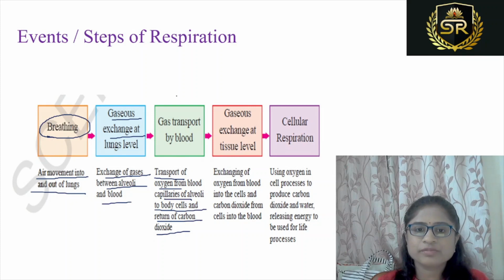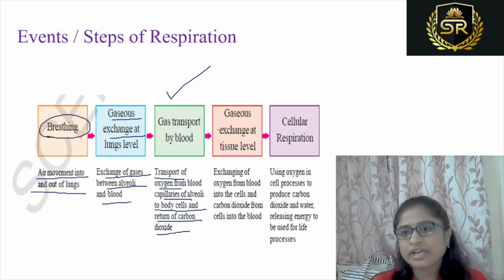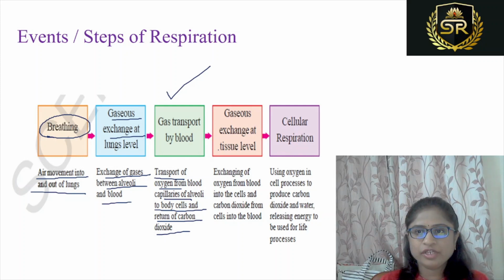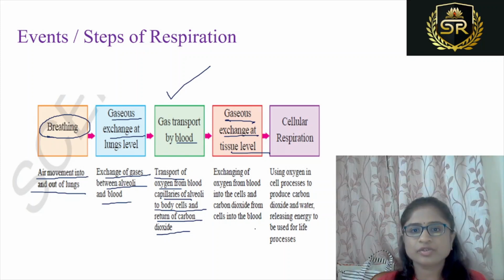Carbon dioxide from the body comes out into the alveoli again and has to come out of the lungs. Then there is gaseous exchange at the tissue level, exchanging oxygen from blood into the cells and carbon dioxide from cells into the blood. So vice versa it is taking place.